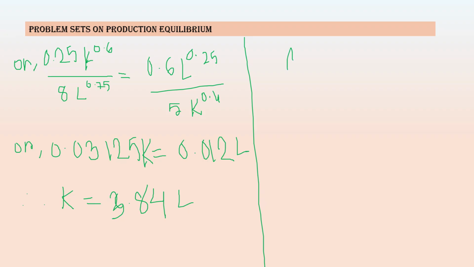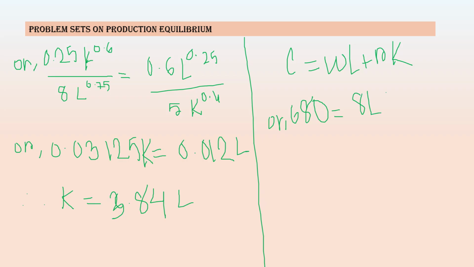So now that we have a relation between K and L, we need to input this in the equation C equal to WL plus RK, and that is precisely why the value of C was given to us. We know the value of C is 680, W is 8L, and R is 5, so that's 5K.